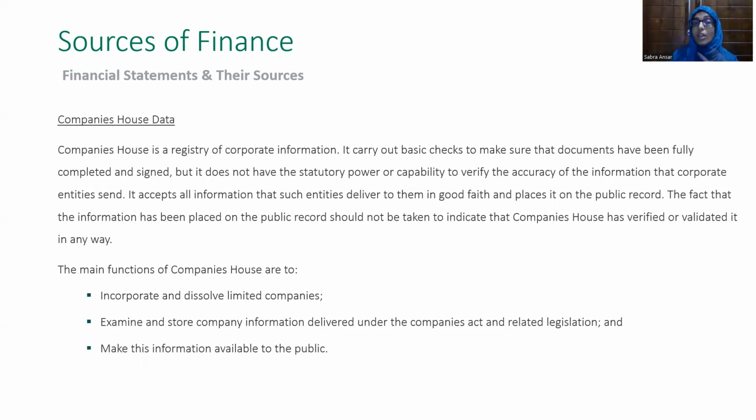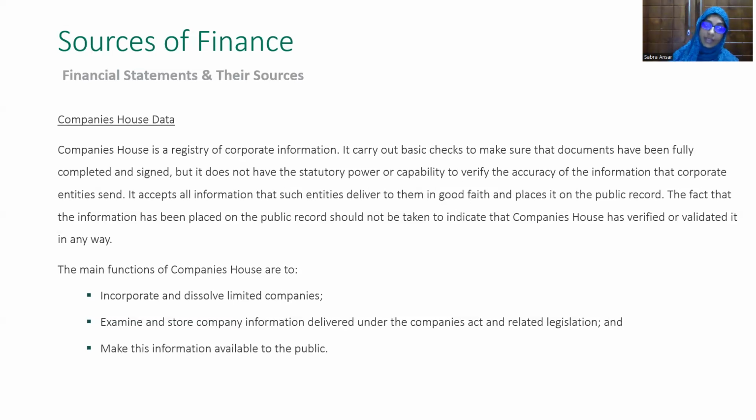However, it accepts all information it is entitled to receive in good faith and places it on a public record. So the fact that the information has been placed on the public record should not be taken to indicate that Companies House has verified or validated it in any way.